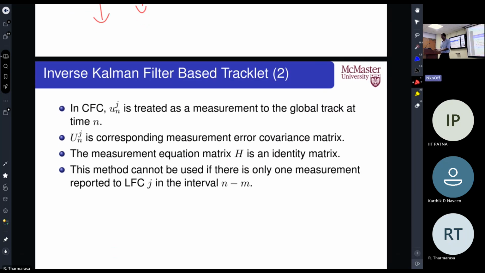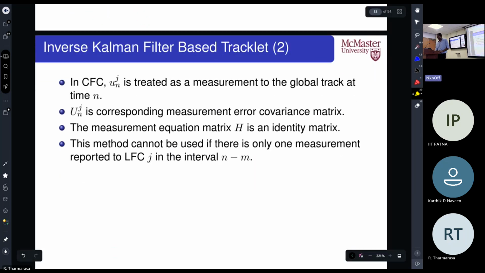So this is what it says, right? This cannot be used if there's only one measurement reported in that interval. But this is true for radar measurement. If it's an angle-only measurement, then what do you think? If it's a radar, this method cannot be used if there's only one measurement.